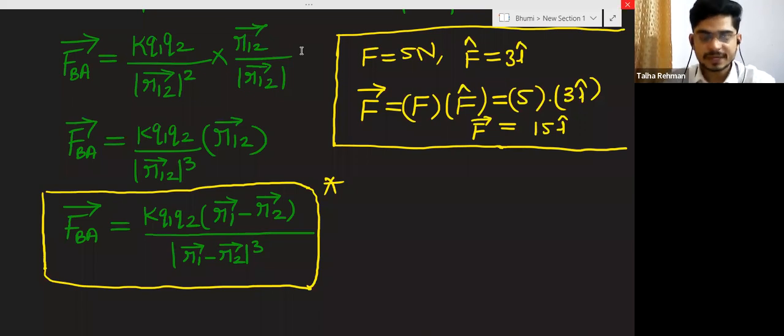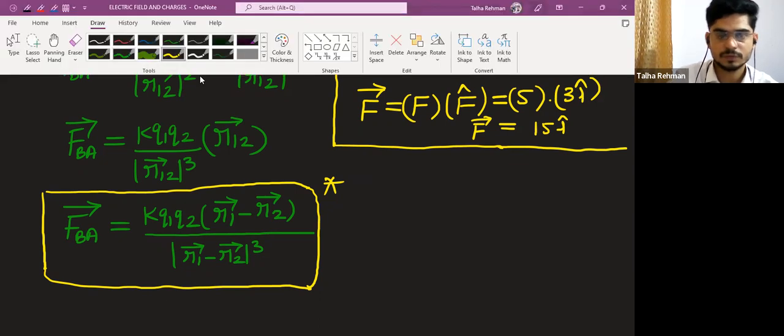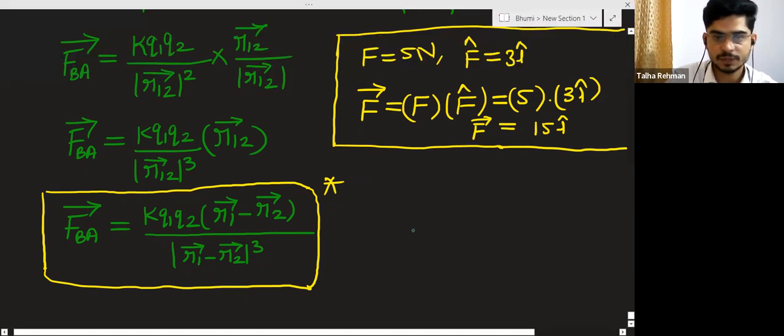Now we will calculate the force on the charge at A due to the charge at B. And I am writing one thing more here that will be easy for you.